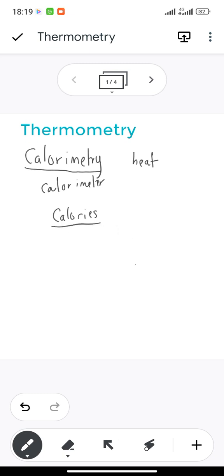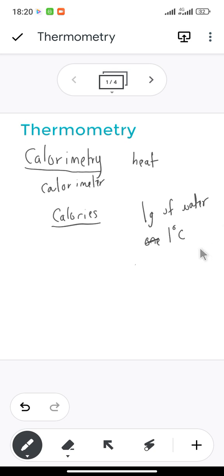Now a calorie is the amount of heat required to raise the temperature of 1 gram of water by 1 degree centigrade. Go again. A calorie is the amount of heat required to raise the temperature of 1 gram of water by 1 degree centigrade.